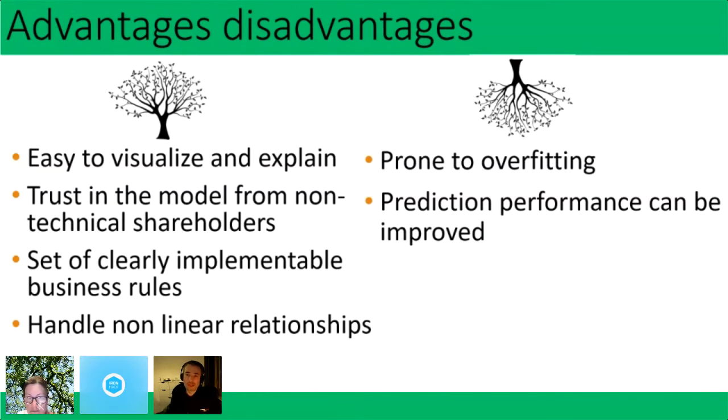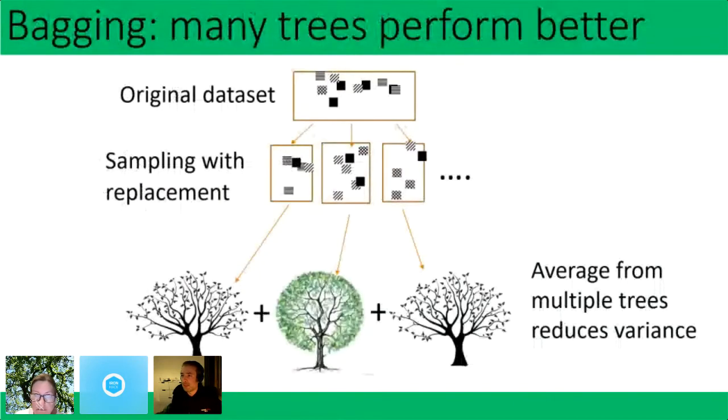Now I just want to say a few words on how we can improve the prediction performance of the trees. But this is not the most important part, but some of you might be interested. And the main idea is to bring together many trees.